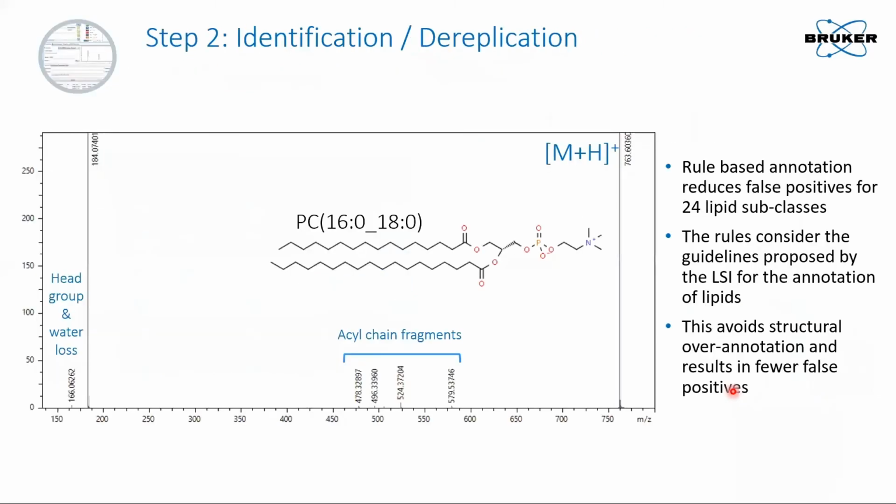In the latest version of the software, we have a new annotation tool for lipids in particular. Here we have a rule-based annotation where the software will search through the fragment spectra and assign the lipid chain composition based on the fatty acid chain fragments which are observed, and also the lipid class based on the head group and on the water loss.